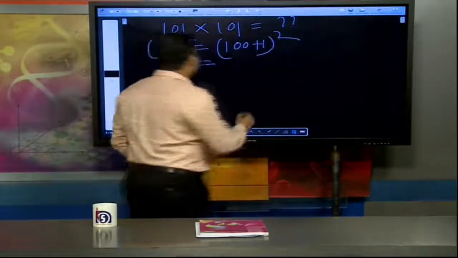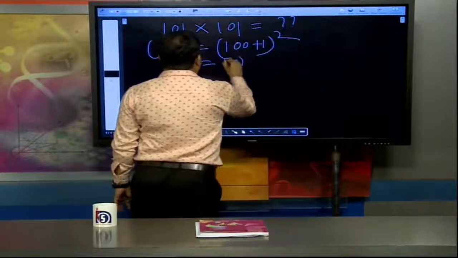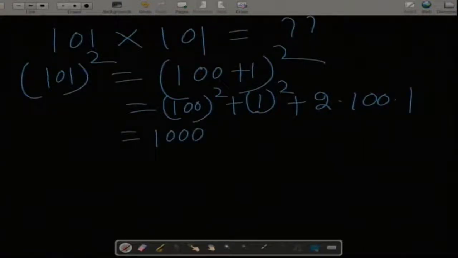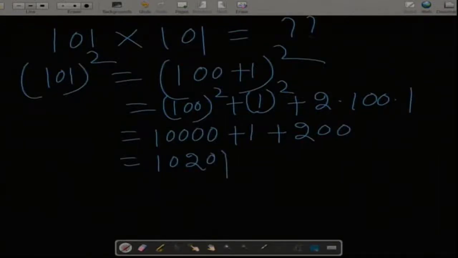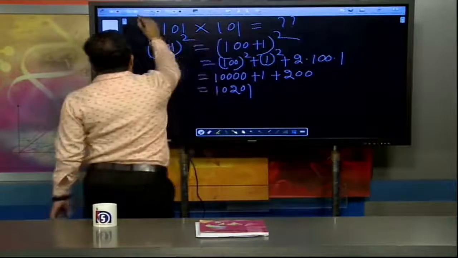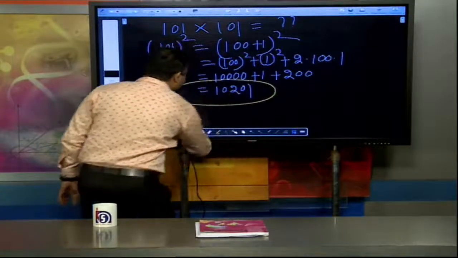As per the formula, 100 whole square plus 1 whole square plus 2 into 100 into 1, which is 10,000 plus 1 plus 200. When we solve, you will get 10201.